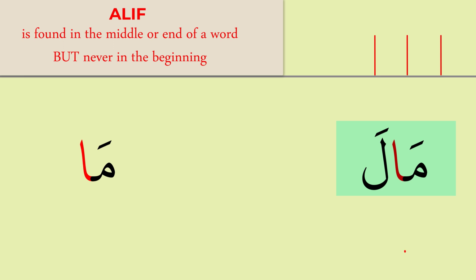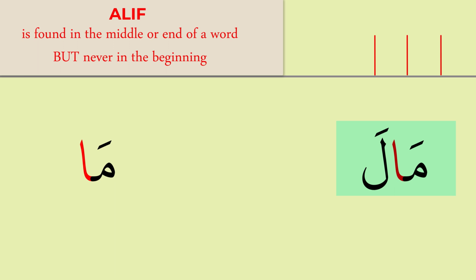Notice here we have the ALIF in red, and the way it's used is an elongation of the A sound. Notice here, mala, as opposed to mala. So the ALIF gives the A sound, it gives it an elongation.